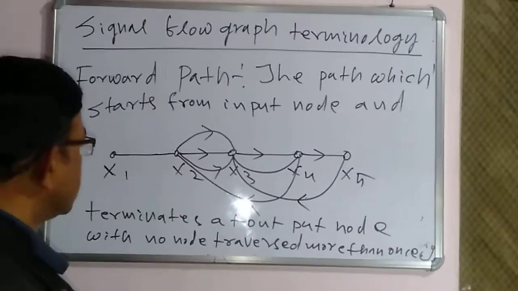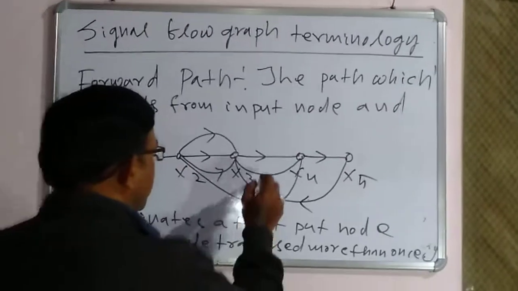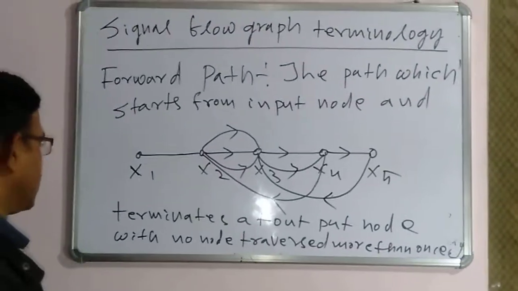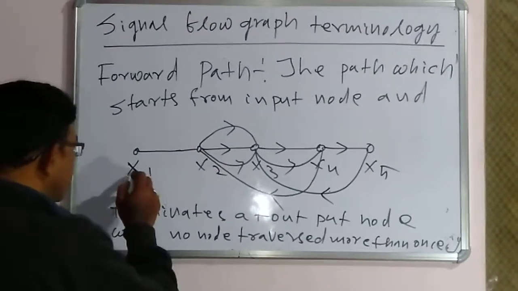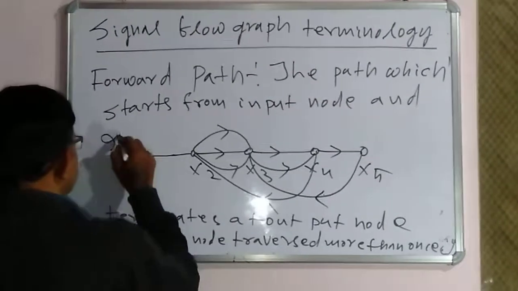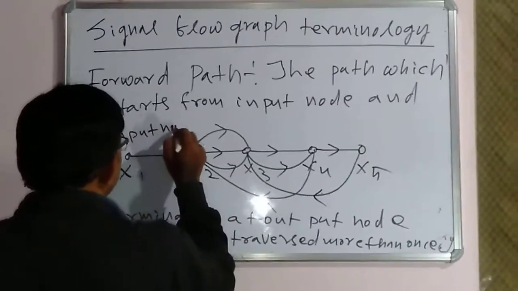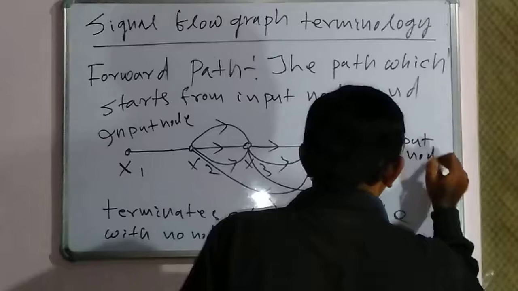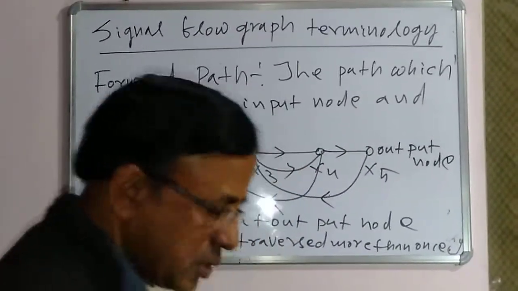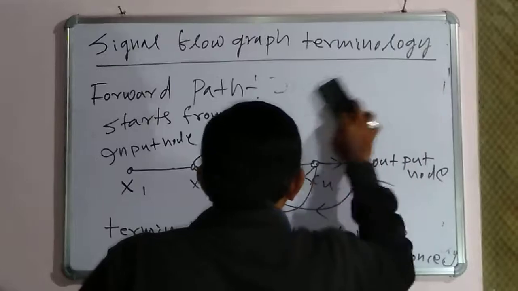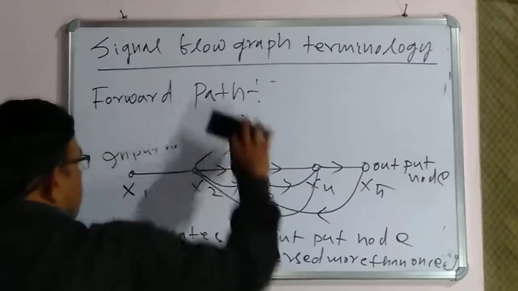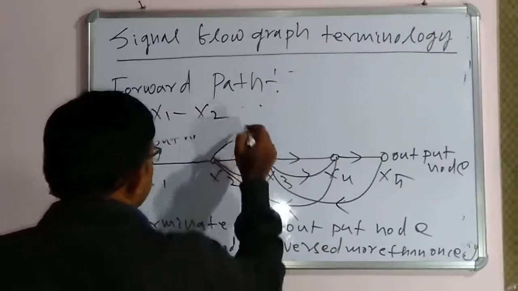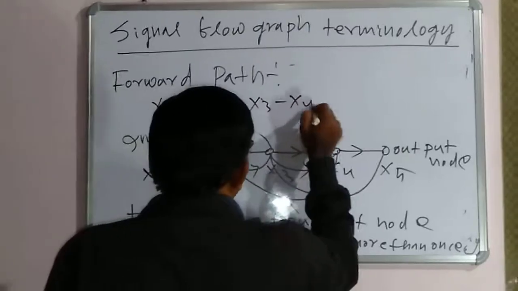This is a signal flow graph, and let us find one forward path. According to our definition, it starts at the input node. So this is the input node and this is the output node. It starts from the input node, x1, then x2, then x3, x4, x5.